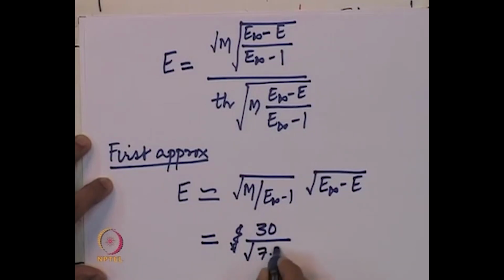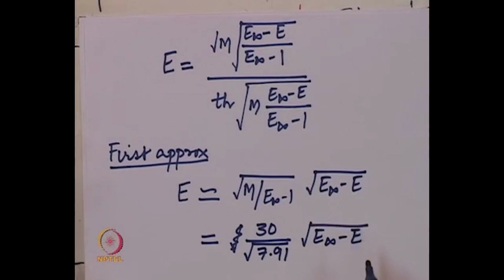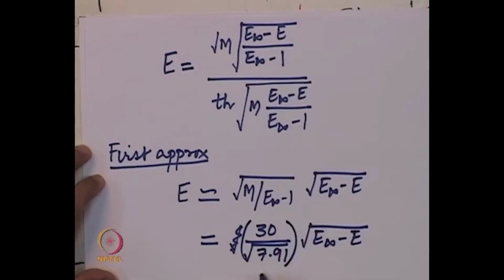So, we have 7.91 here multiplied by E infinity minus E under the square root, and this gives you a value of... this number here turns out to be 10.67.